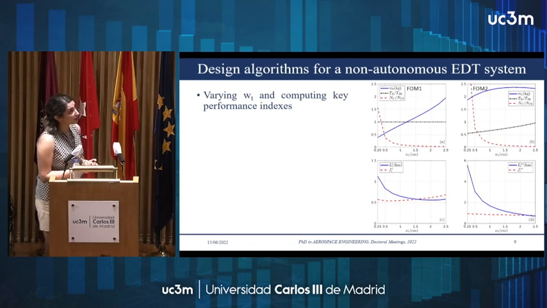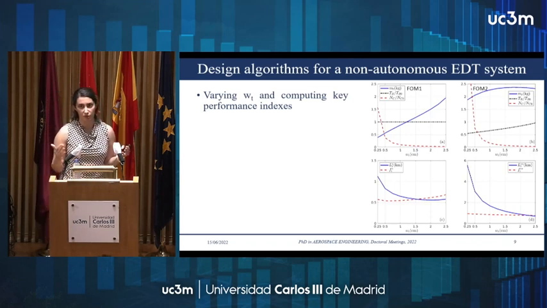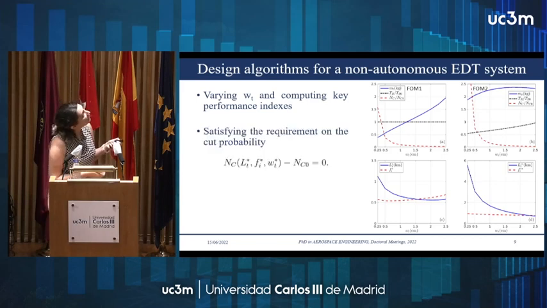In the second step, we should vary the width to see how the design parameters will change. So we did it, and we computed some performance indexes like the tether mass. It shows that by decreasing the tether width, the tether mass will decrease, but on the other hand, the cut probability will increase, so it puts a limit for us.